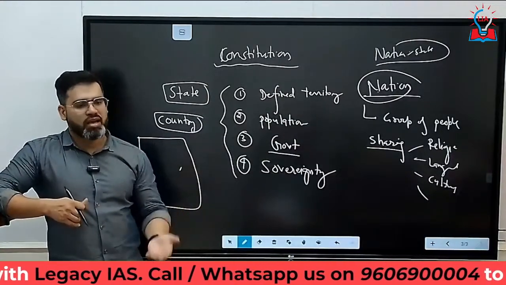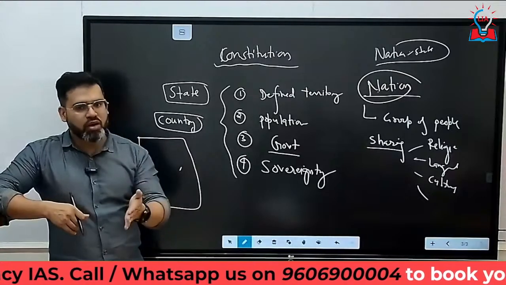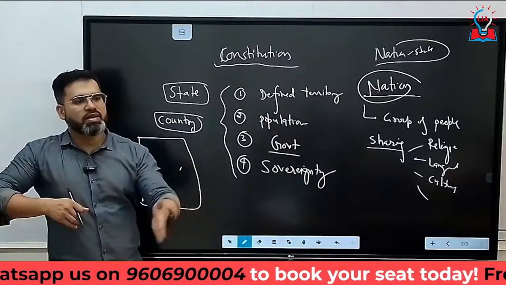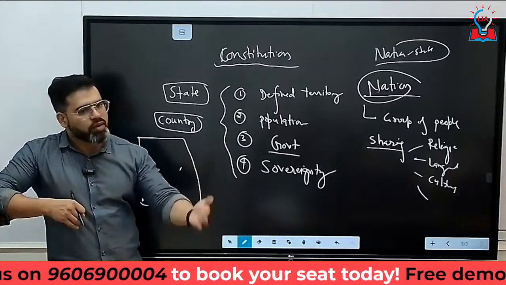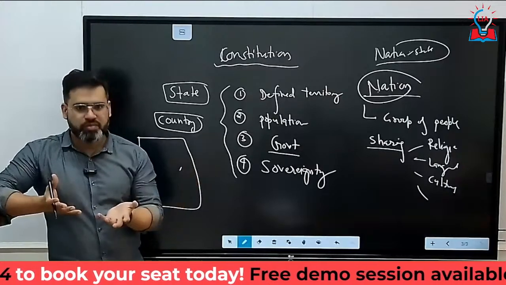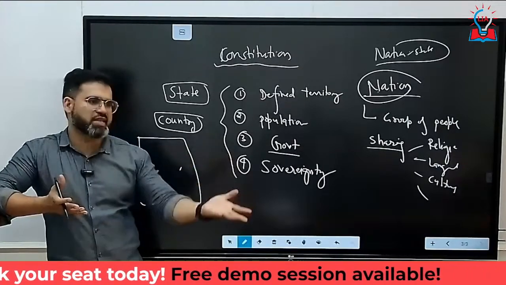They are in the making. That means right now they are, for example, 60% nation and 40% state. That means this nation after some time will become completely a state. Correct? This is the middle ground. They are working for the state.